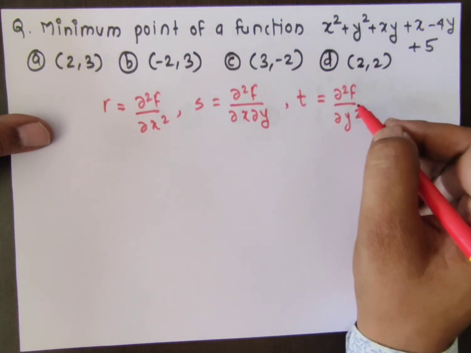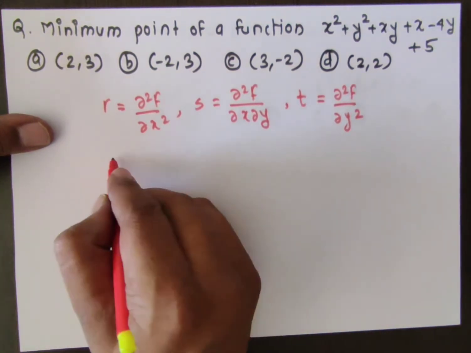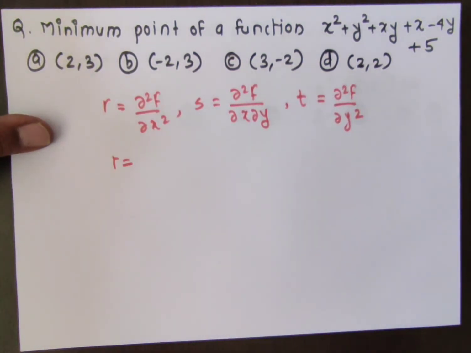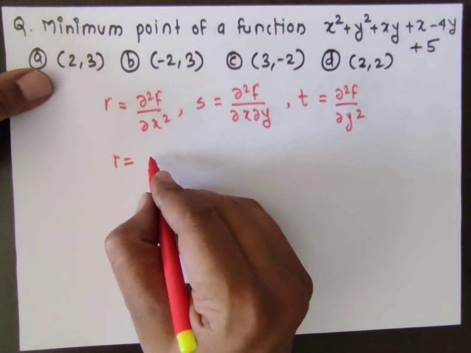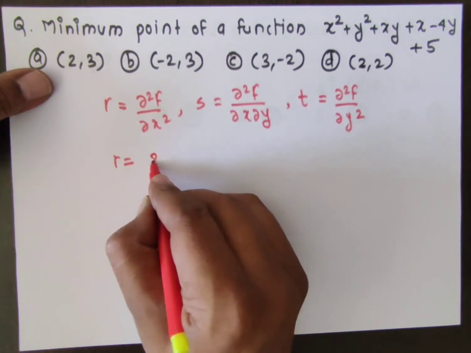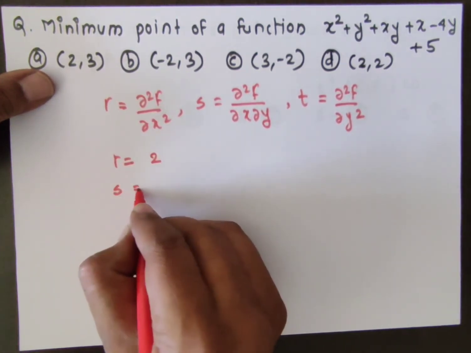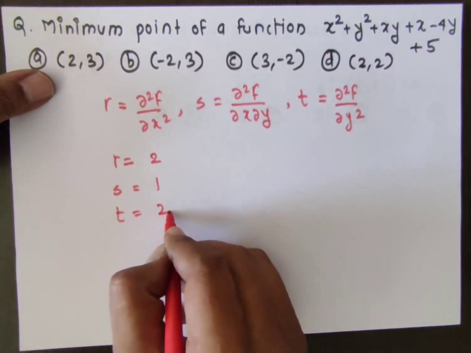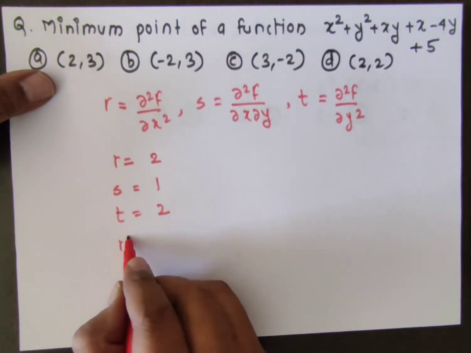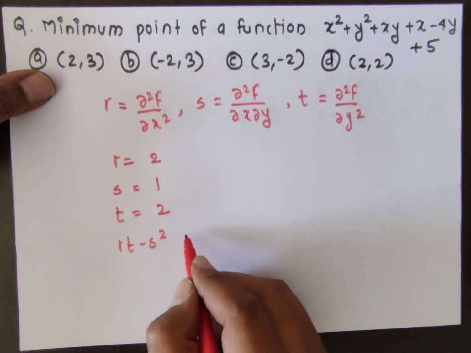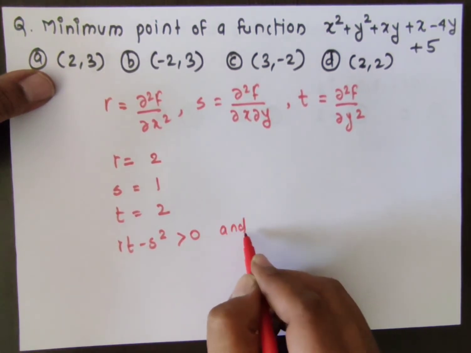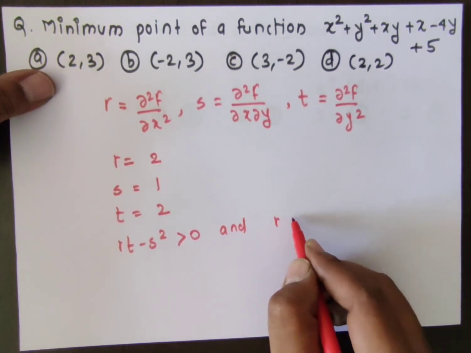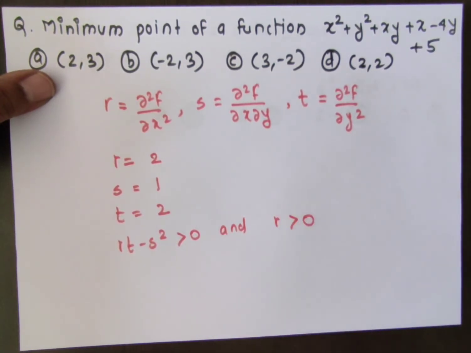Now for this particular example, the value of r is equal to 2, value of s is equal to 1, and value of t is equal to 2. And if you find rt minus s square, that is always positive, and value of r is also always positive.